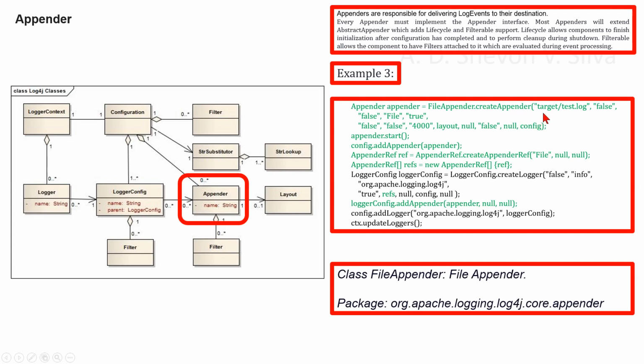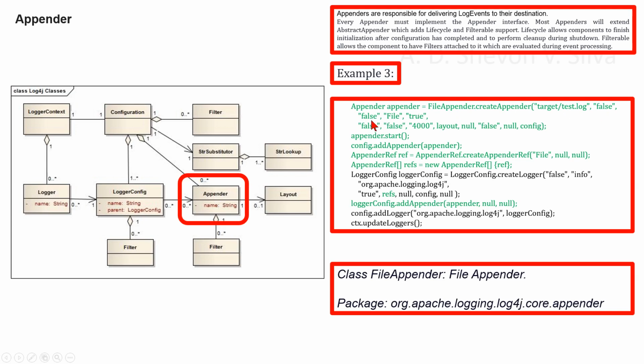This is the string fileName, which is the file name and path of the file, and append, which is true if the file should be appended to, false if it should be overwritten. Default is true here.